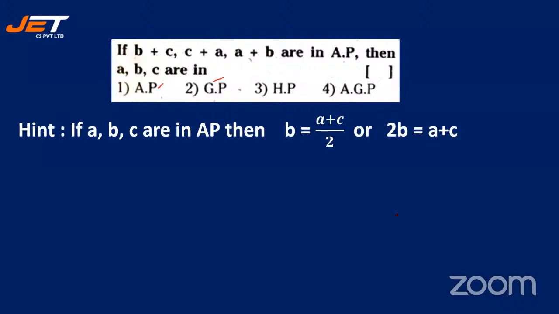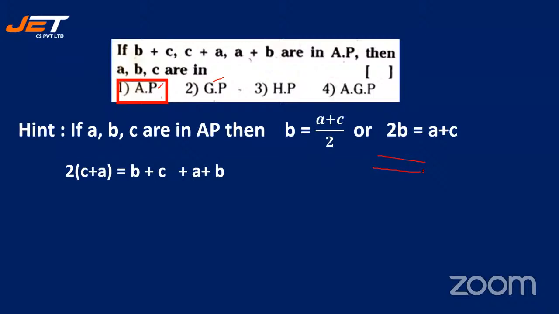All right. So with this, you can definitely find out your answers. All right. So it is in AP. Is it clear, students? So if A comma B comma C are in AP, then B is equal to A plus C by 2. This is a formula that we have been learning. Yes.